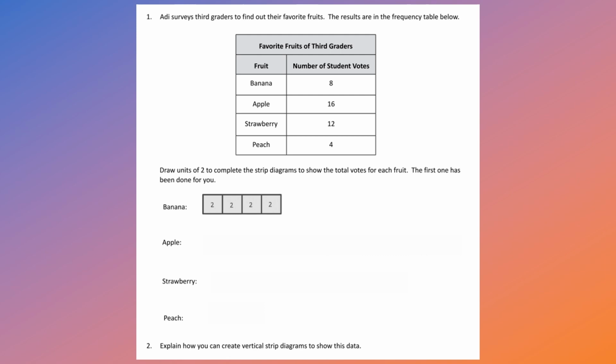Now, we're going to do the same thing for apple, strawberry, and peach. So for apple, we need to represent 16 votes, and we need to draw it in units of 2.